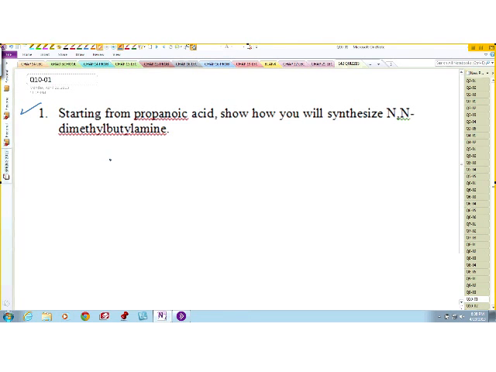Okay, thank you. So what this question is asking you to do here, starting from propanoic acid, which is this molecule here, you are told to give a synthetic design for this molecule, N,N-dimethylbutylamine.